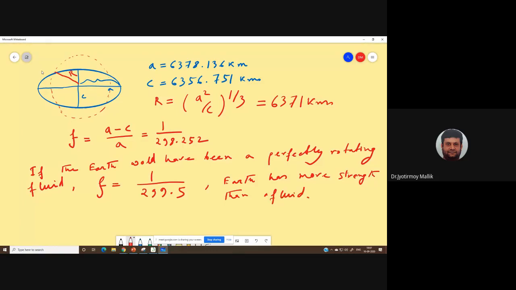So what does this word strength mean? We will explain later on while we discuss seismic, and this is a rheological term.